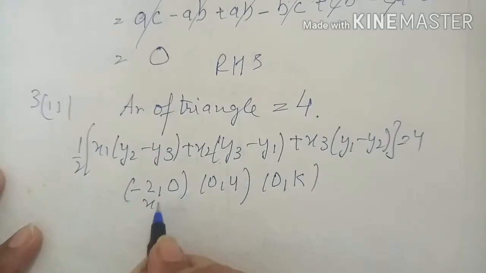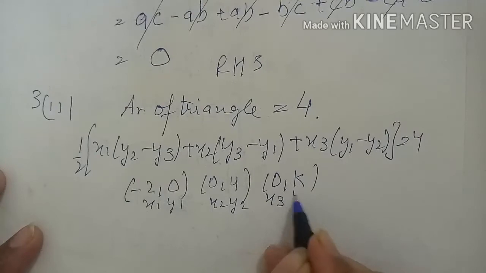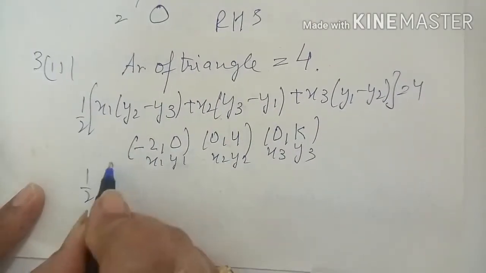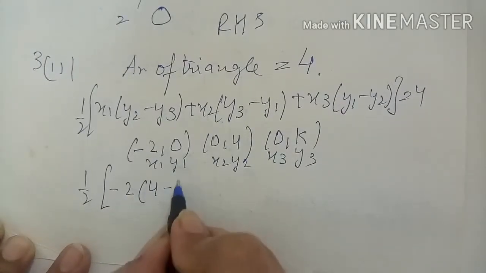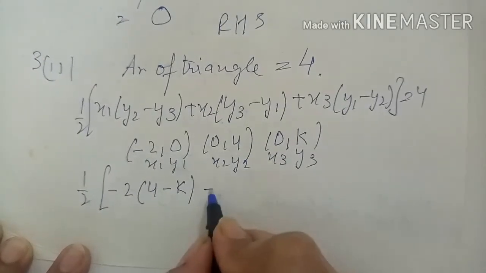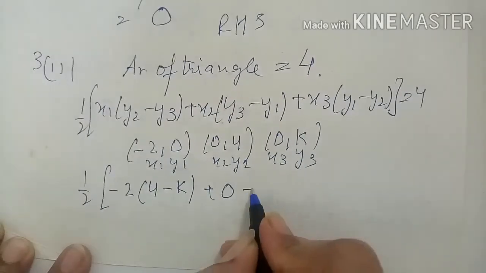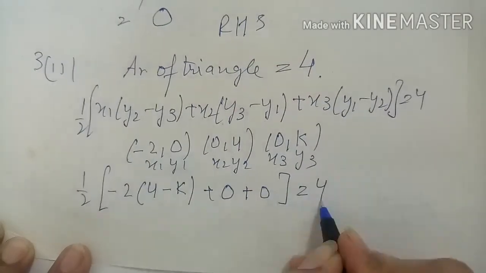So again we'll write here x1 y1, x2 y2 and x3 y3, and we'll write the formula half, then -2, and then 4 minus K, then because x2 is 0, the remaining one will be 0, and then x3 is 0, so again 0, and it equals to 4.